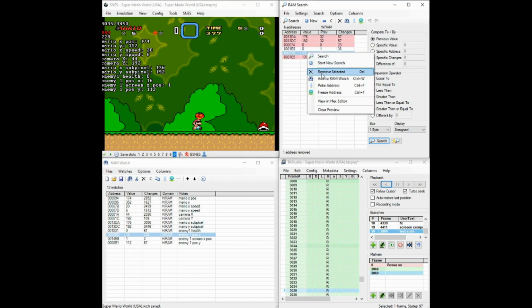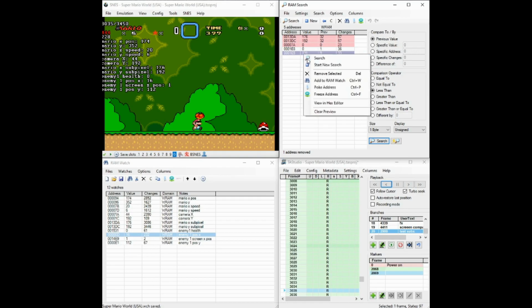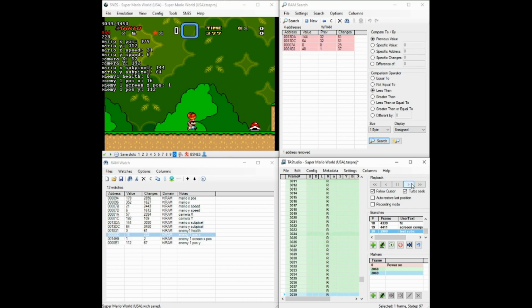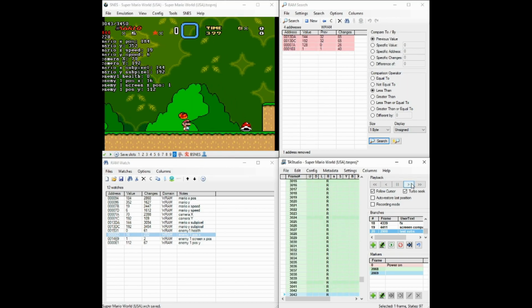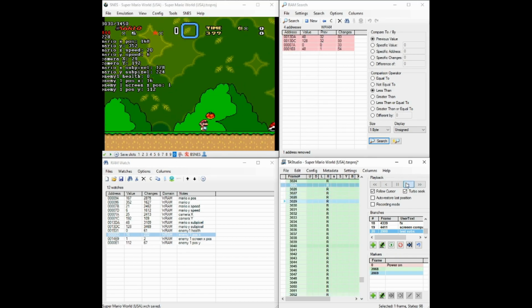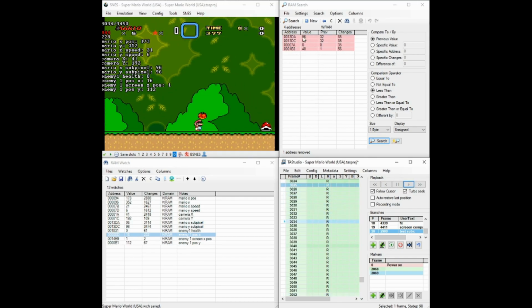So I'm going to remove those because usually subpixels move around in powers of 2. Okay, so I'm going to do my usual fallback, and we're going to start freezing some of these values. Actually, we're just going to freeze all of these and see if it's in here.